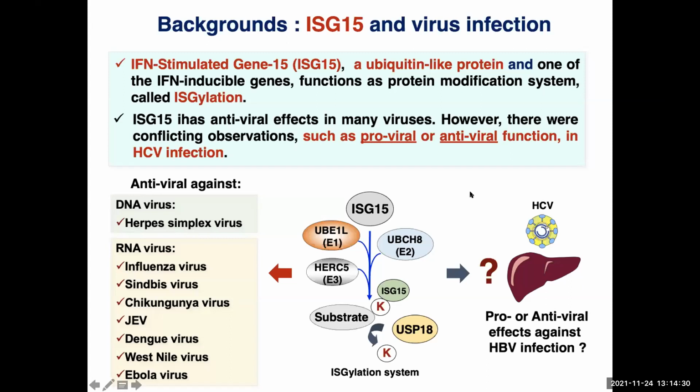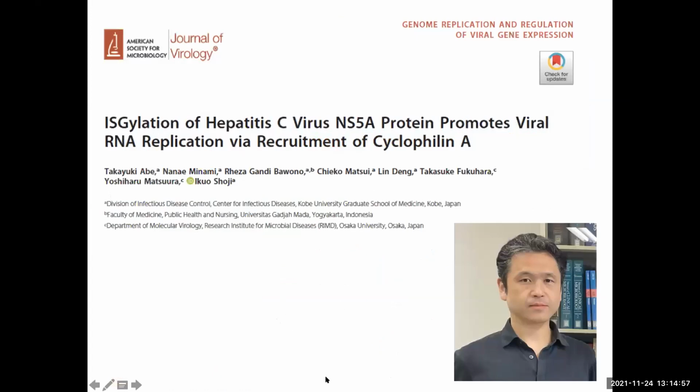However, there is a discussion that in HCV infection, ISG15 functions as both a proviral factor and an antiviral factor, and this controversial discussion remains. We ask the question whether ISGylation functions as a proviral or antiviral factor. This work was done by Dr. Takayuki Abe, associate professor in my laboratory.